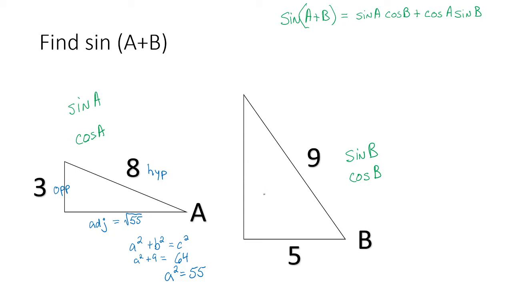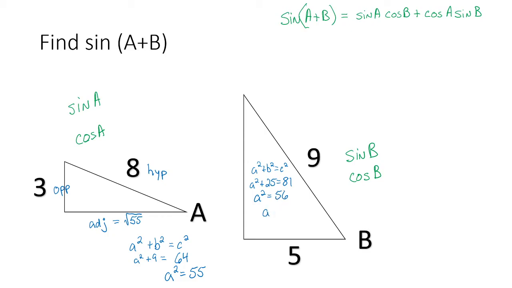Let's do the same thing on this particular triangle. A squared plus B squared equals C squared. A squared plus 25 equals 81. I can subtract 25 from both sides. When I do that, I'll get A squared equals 56.